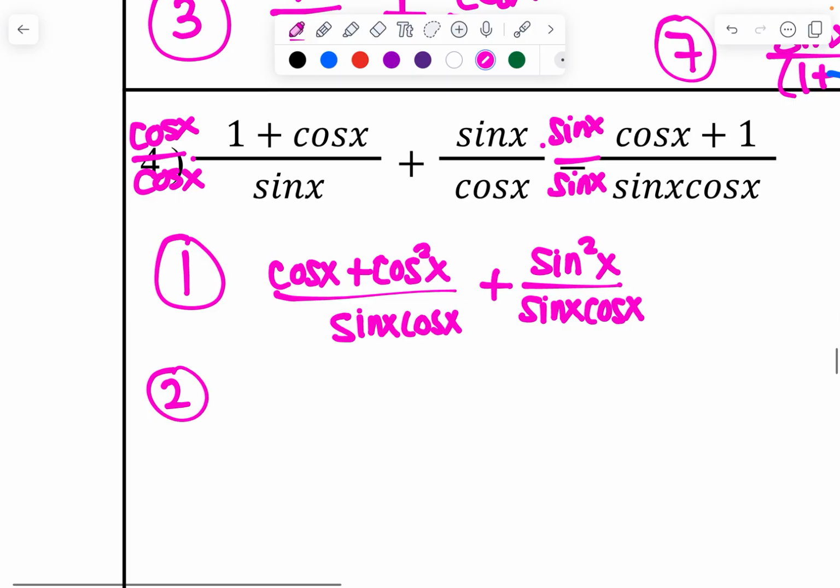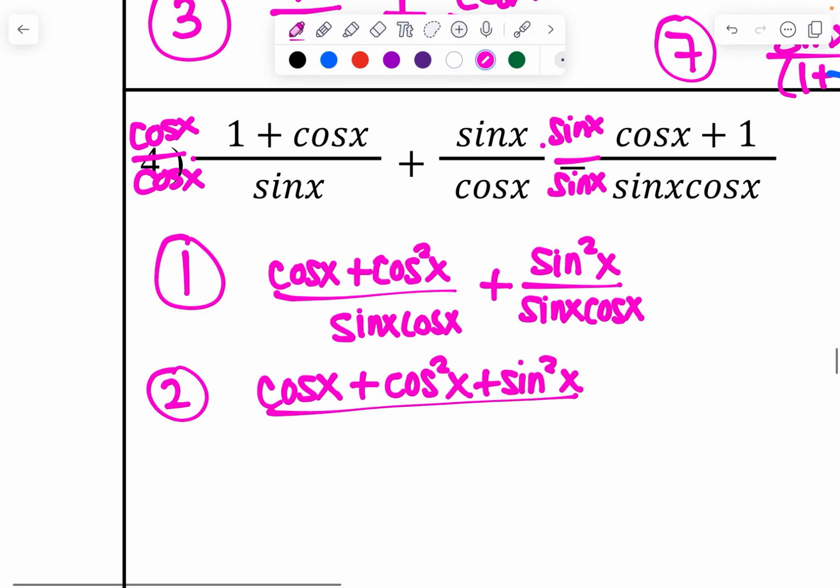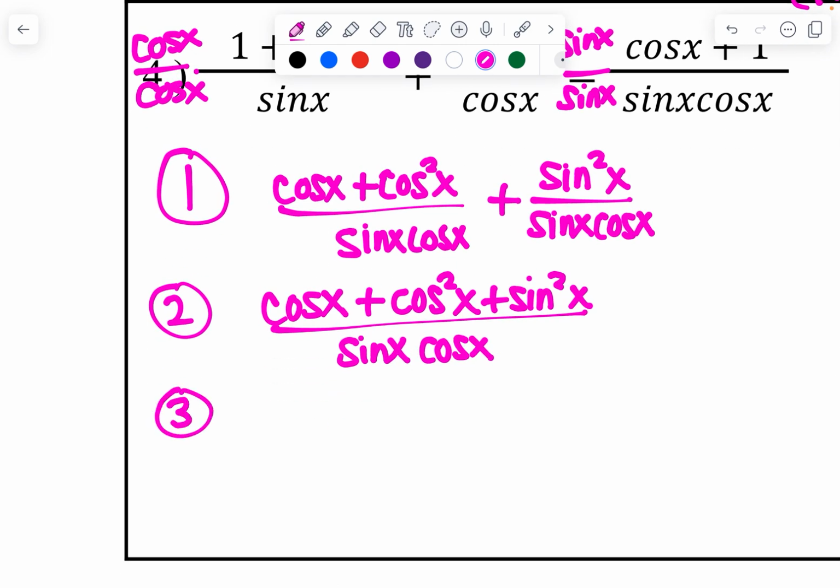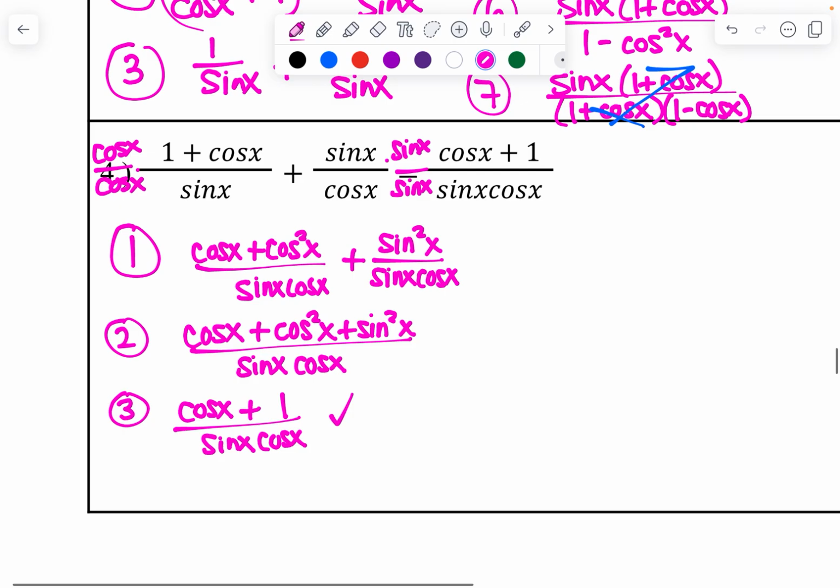So now that they have a common denominator, we can go ahead and add them as one fraction rather than separate fractions. So we know sine squared plus cosine squared equals 1. And there we have it. Cosine of x plus 1 over sine of x cosine of x.